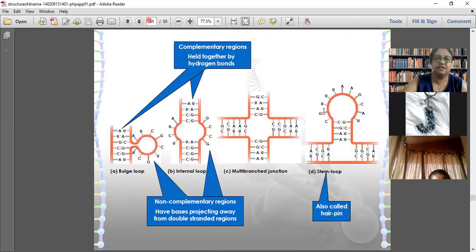That means consider a structure which is long like this.